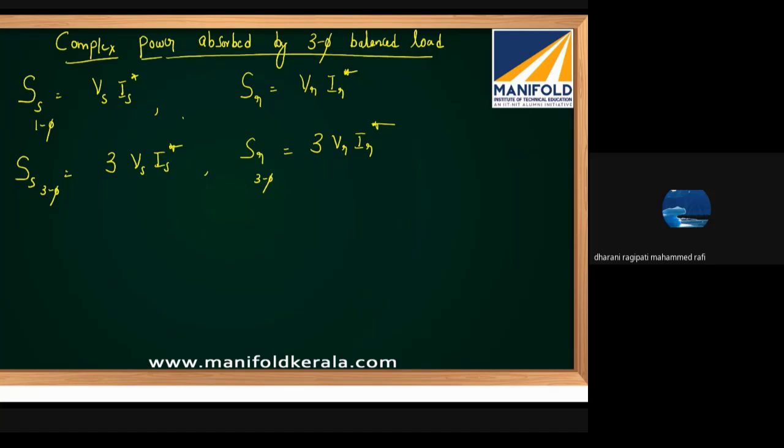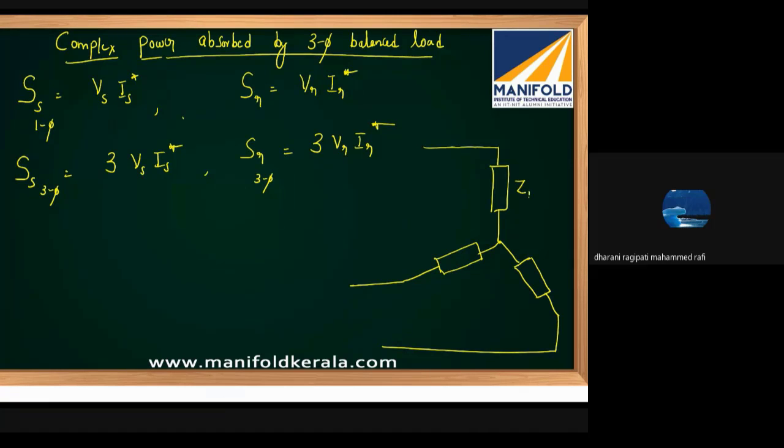So if you take a balanced load here, I'm taking a star connected load. This is ZL. Always remember the impedances are per phase values only. There is no line to line impedance concept.